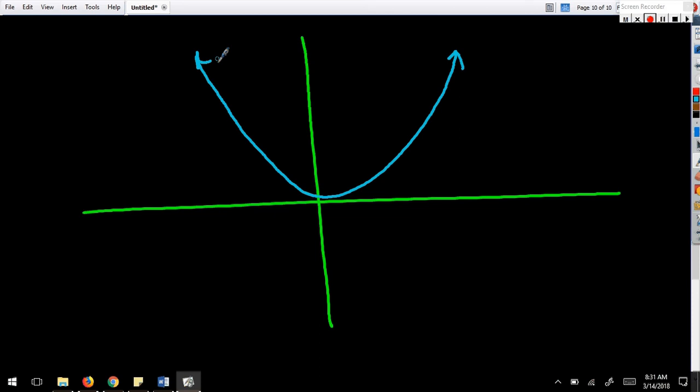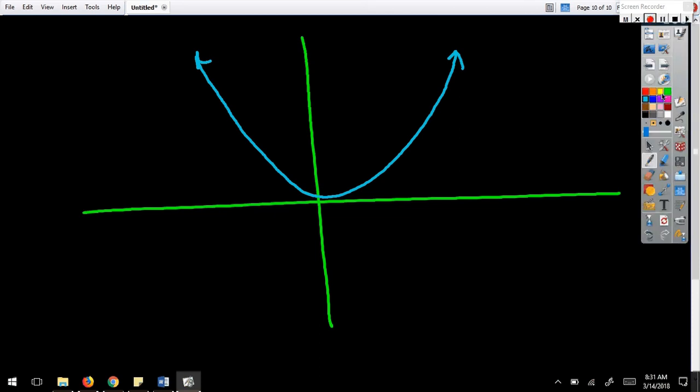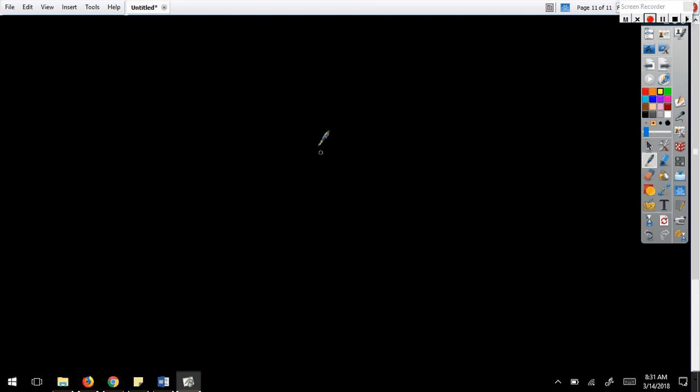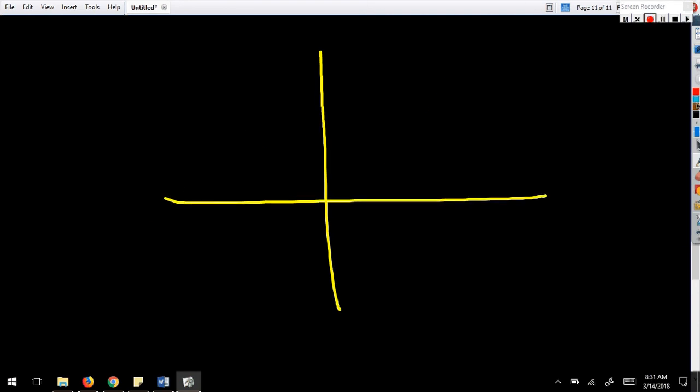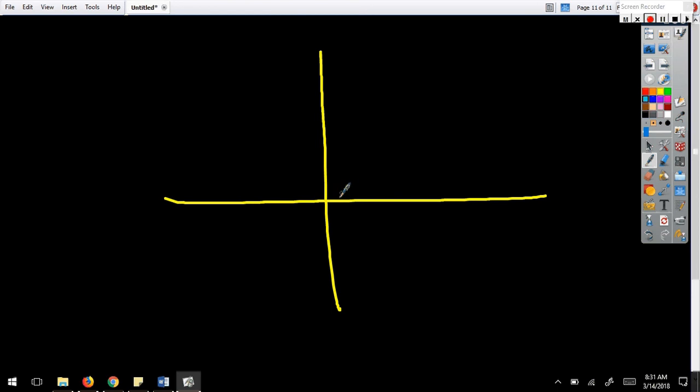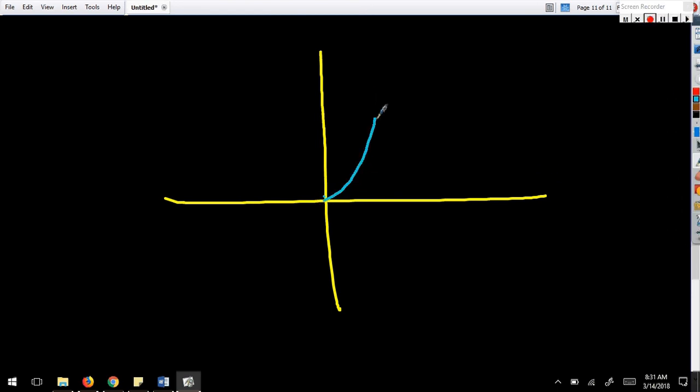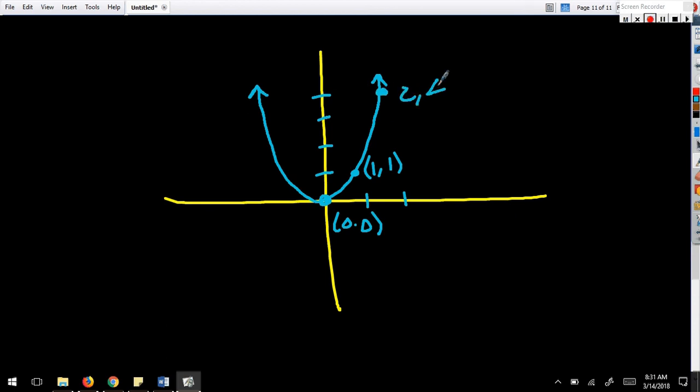Now think about this. I told you, and we've talked about, that the inverses switch the x and y, right? Let me draw this a little more symmetrically so you can really see it. If this is my function, this is 0, 0. This is 1, 1. And this is 2, 4.